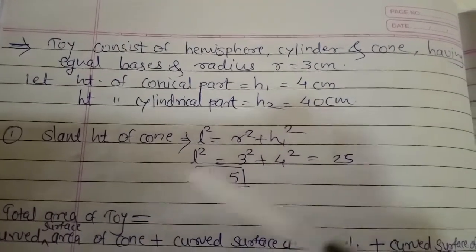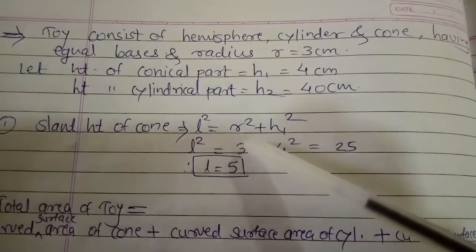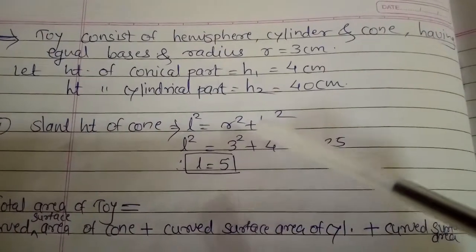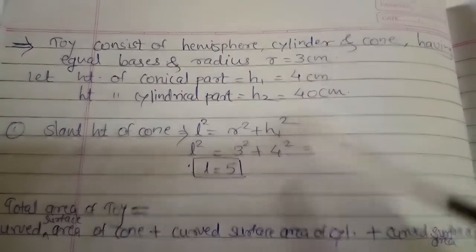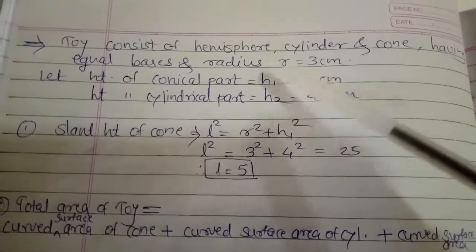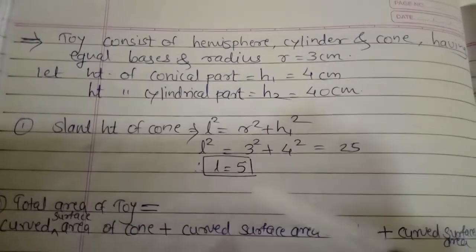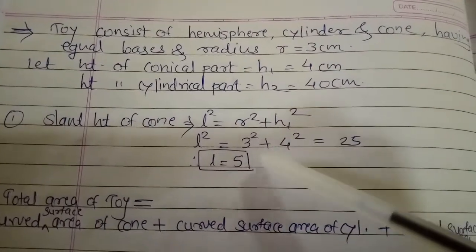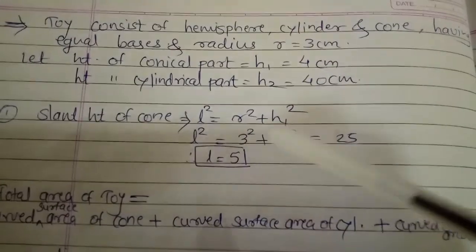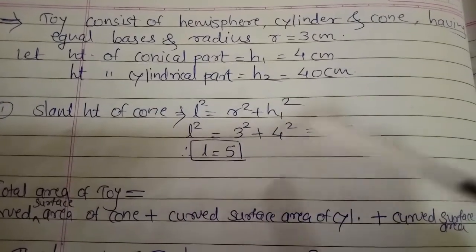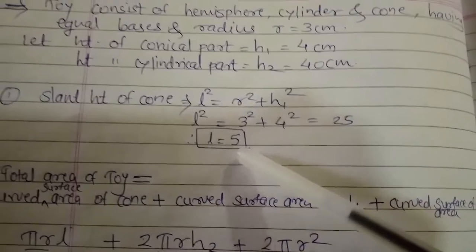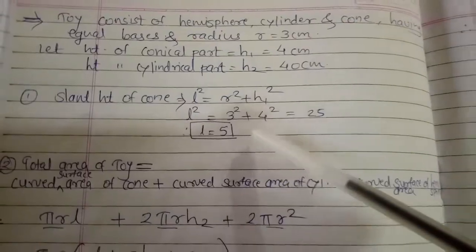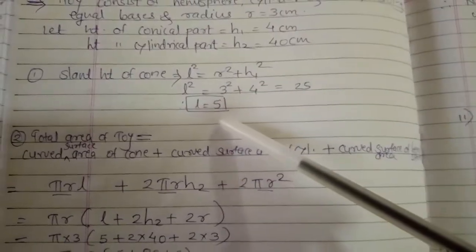First we find the slant height of the cone, given by the formula L square equals r square plus h1 square. So L square equals 3 square plus 4 square, so L square equals 25 and L equals 5. So the slant height L of the cone is 5.